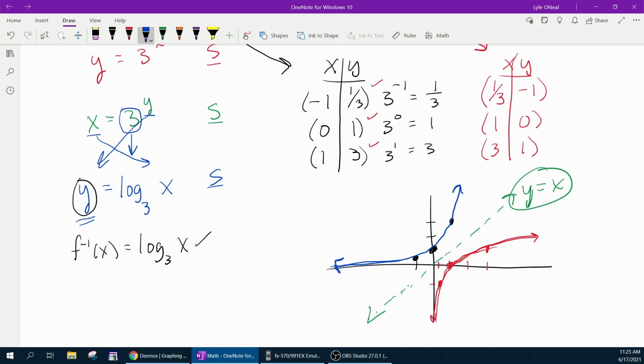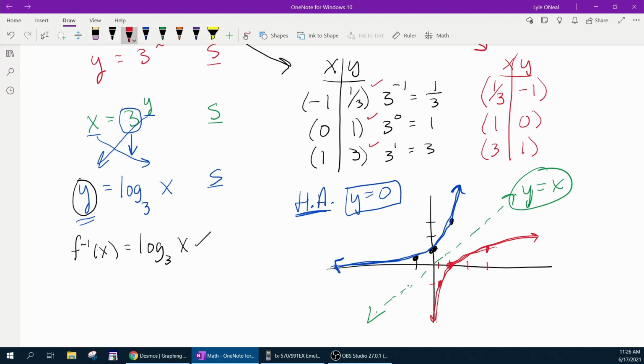So for the exponential function, the horizontal asymptote is going to be y equals 0. The exponential graph is going to have a horizontal asymptote. And remember, horizontal lines are always in the form of y equals some constant. And since it's at the x-axis, it's going to be y equals 0.